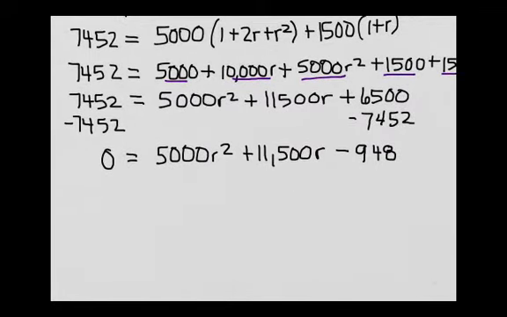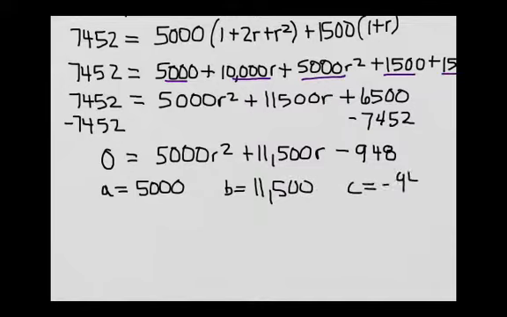And now in order to solve this, we're going to use the quadratic formula. So we need to identify A, B, and C. A is going to be equal to 5,000. B is going to be equal to 11,500. And C is going to be equal to negative 948.